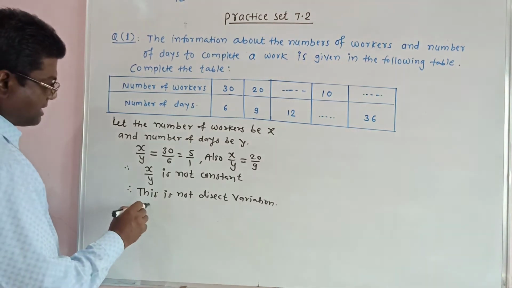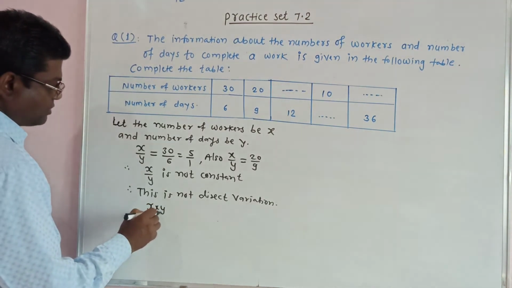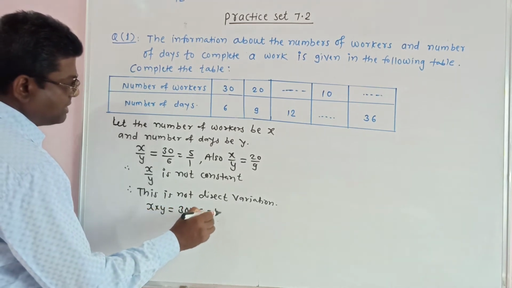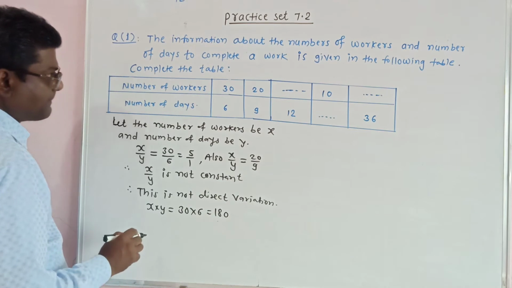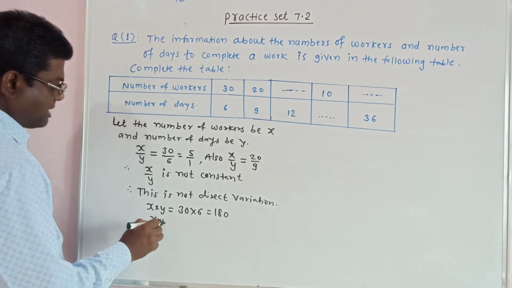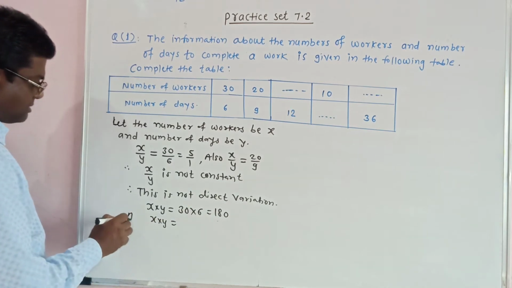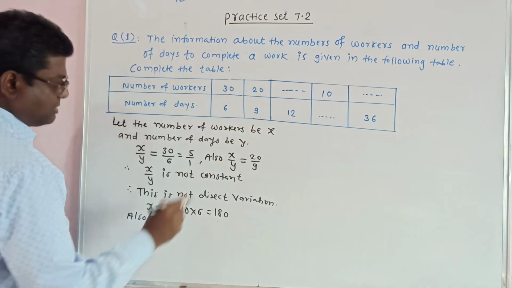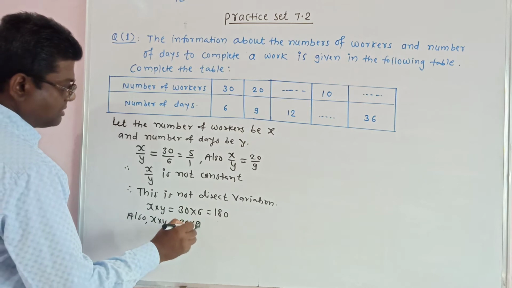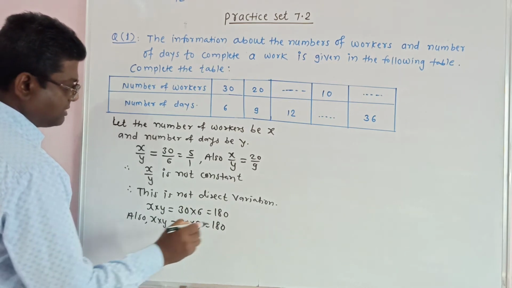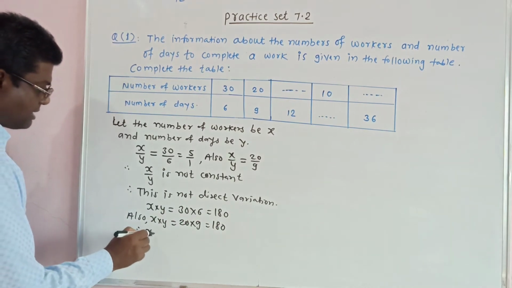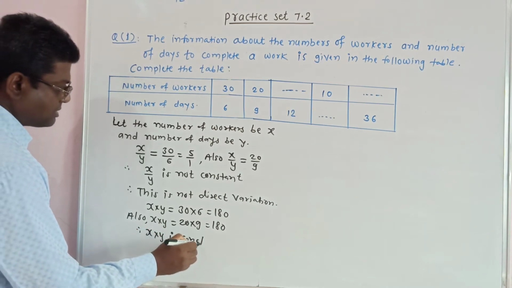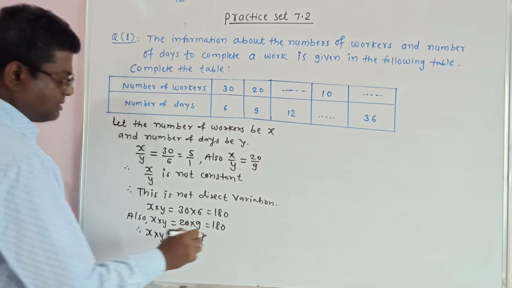Now take multiplication. x into y is equal to 30 into 6. It will be 180. And also x into y is equal to 20 into 9, it is also 180. Therefore, x into y is a constant. It is constant 180.